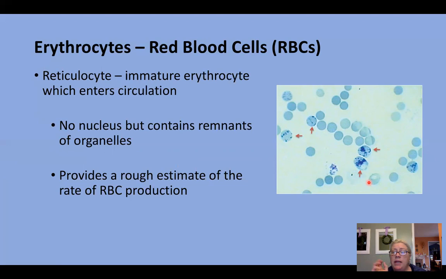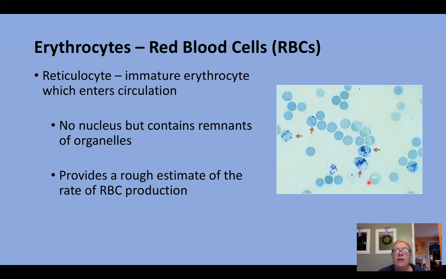That speckling is staining the remaining organelles that are still in the cell and are in the process of being degraded as that reticulocyte matures for 24 hours before it becomes a mature erythrocyte. But as you can see, there is no nucleus present. The reticulocytes have ejected that nucleus before they leave the bone marrow and enter into circulation.